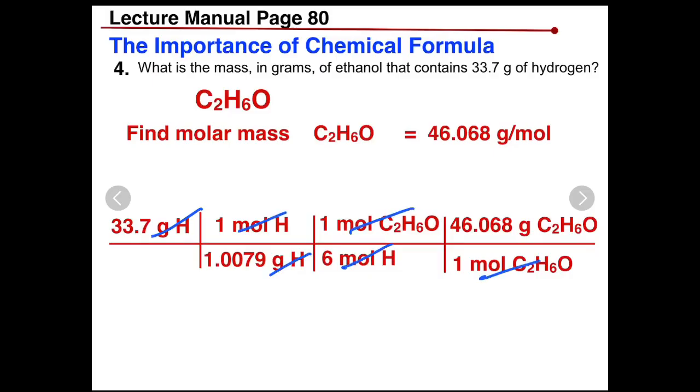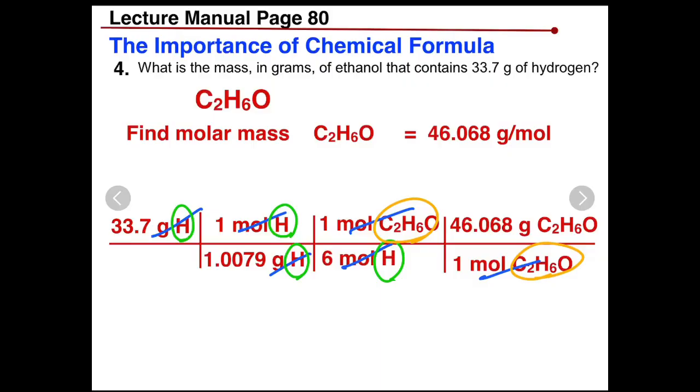The most important thing here is when you are writing out grams, please always include the species afterward. That way you know exactly what you can cancel and what you cannot cancel. So for example, in this case, we can cancel them because it's the grams of the same species, the mole of the same species.